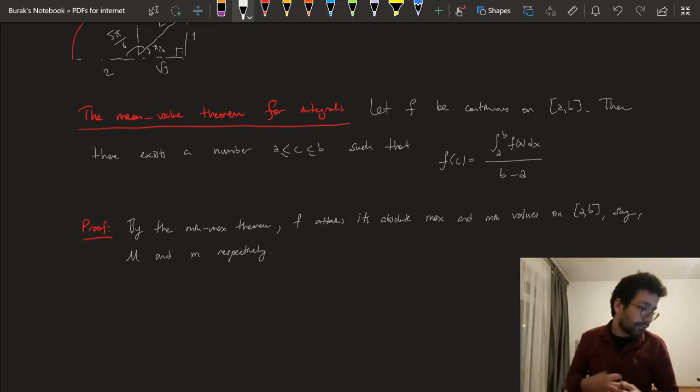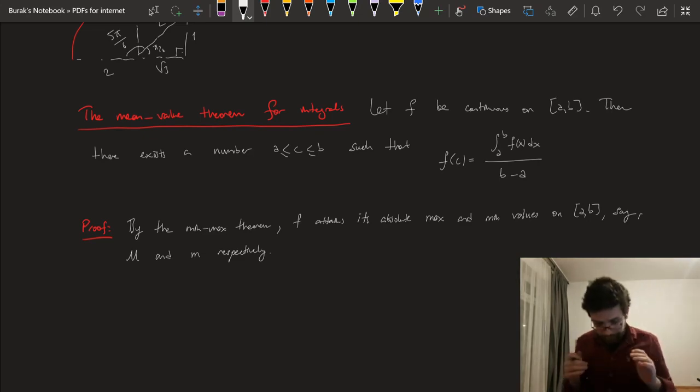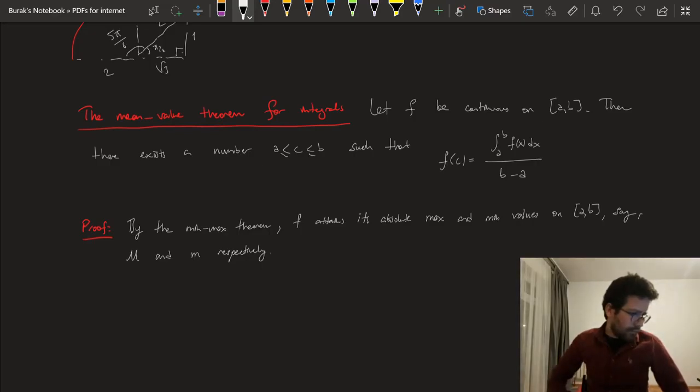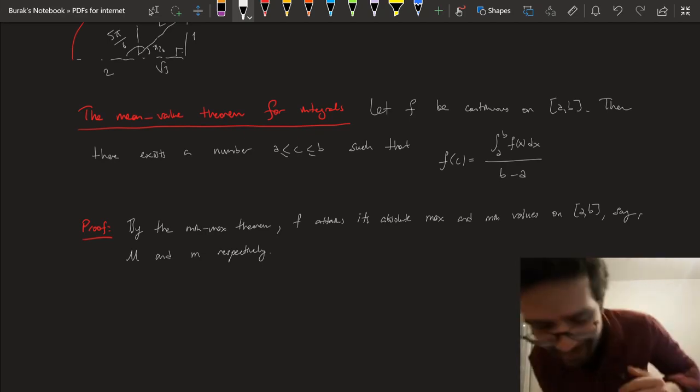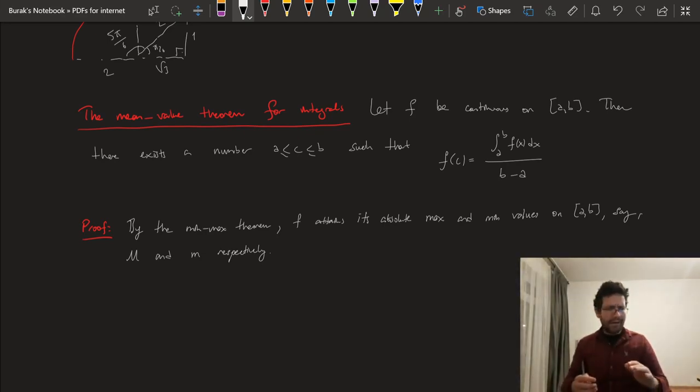Okay, now remember that because f is a continuous function on a closed and bounded interval, it has its absolute maximum and it has its absolute minimum at certain points.